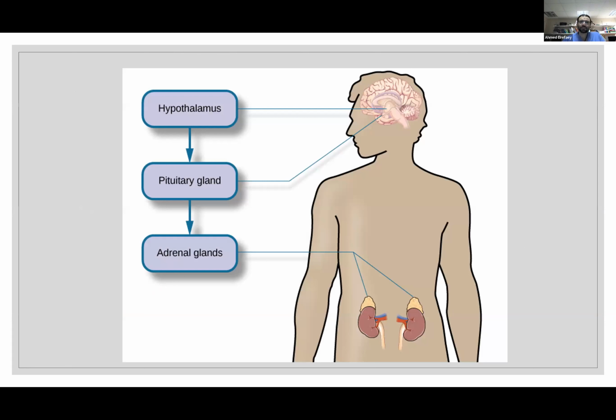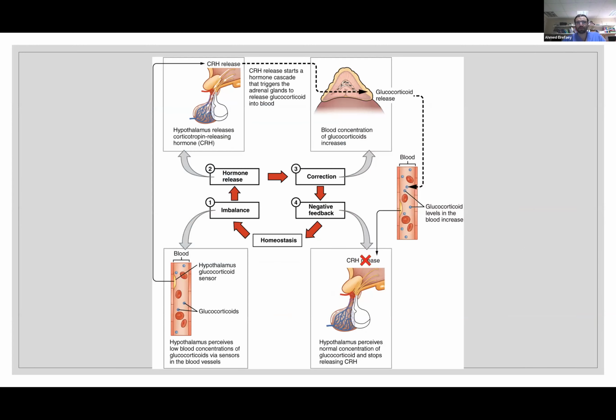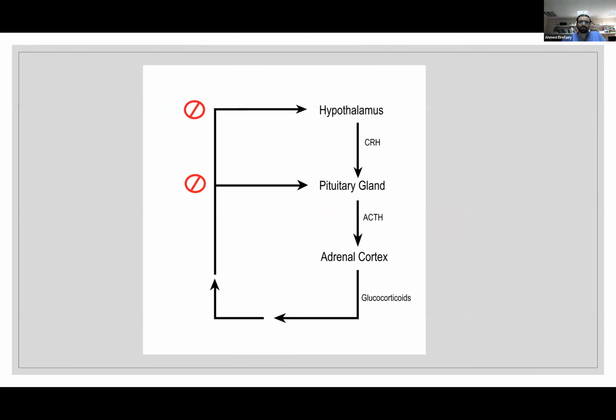As for the cortex, we are talking about the hypothalamic pituitary adrenal axis. So the hypothalamus sends hormonal signals to the pituitary, and from the pituitary gland to the adrenal gland to secrete glucocorticoids and mineralocorticoids to keep this homeostasis in action in terms of fluid and electrolyte balance, glucose maintenance, and stress reaction.